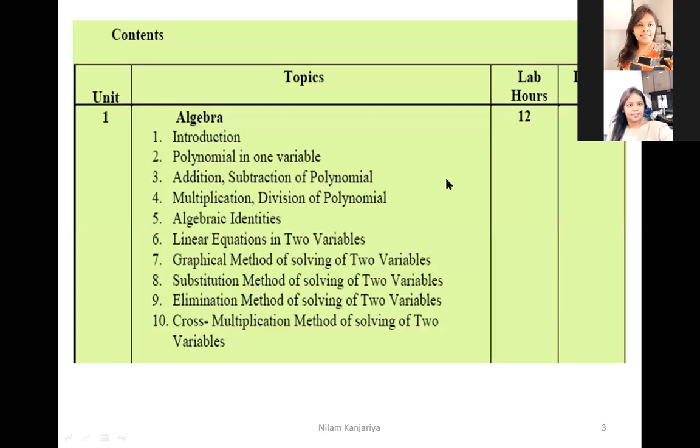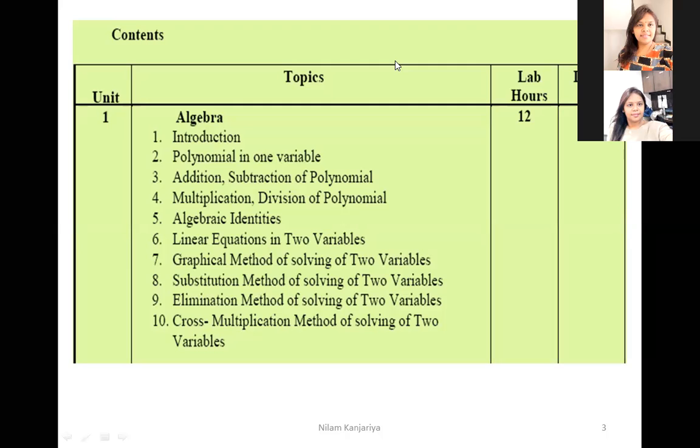Then taking the two variables of polynomials, and how we can find these two unknowns using some beautiful and extraordinary methods: graphical, substitution, elimination, and cross multiplication.